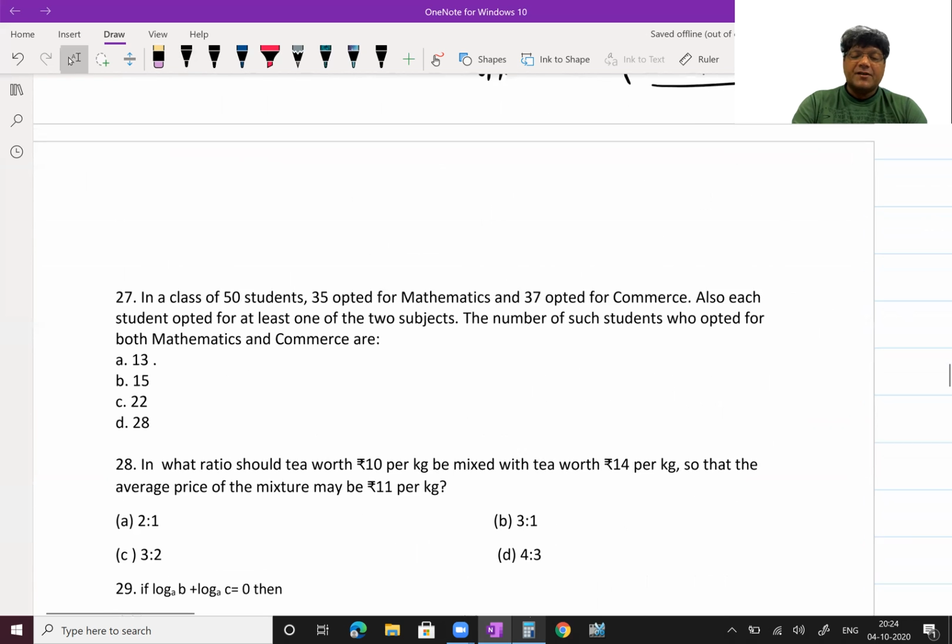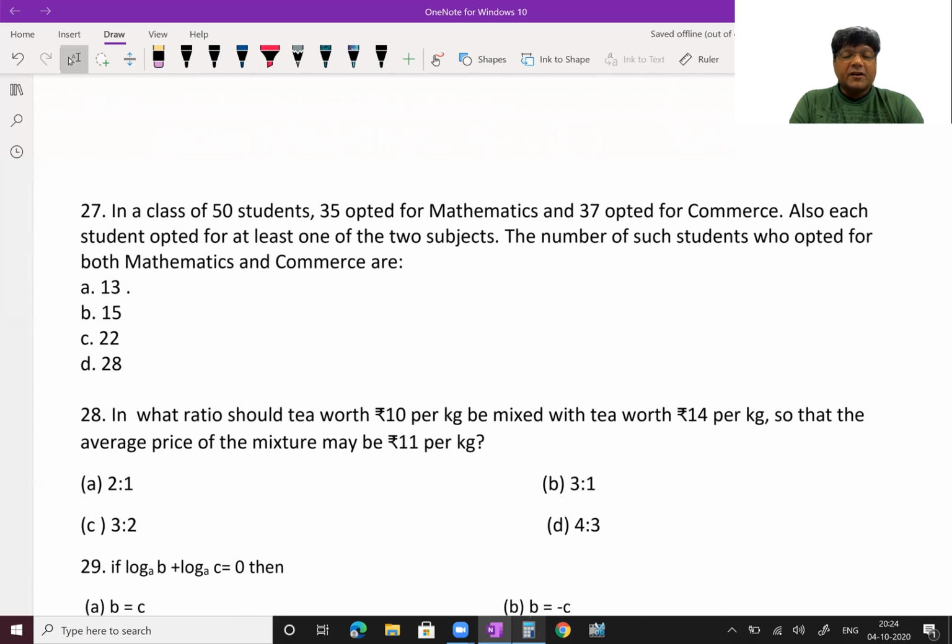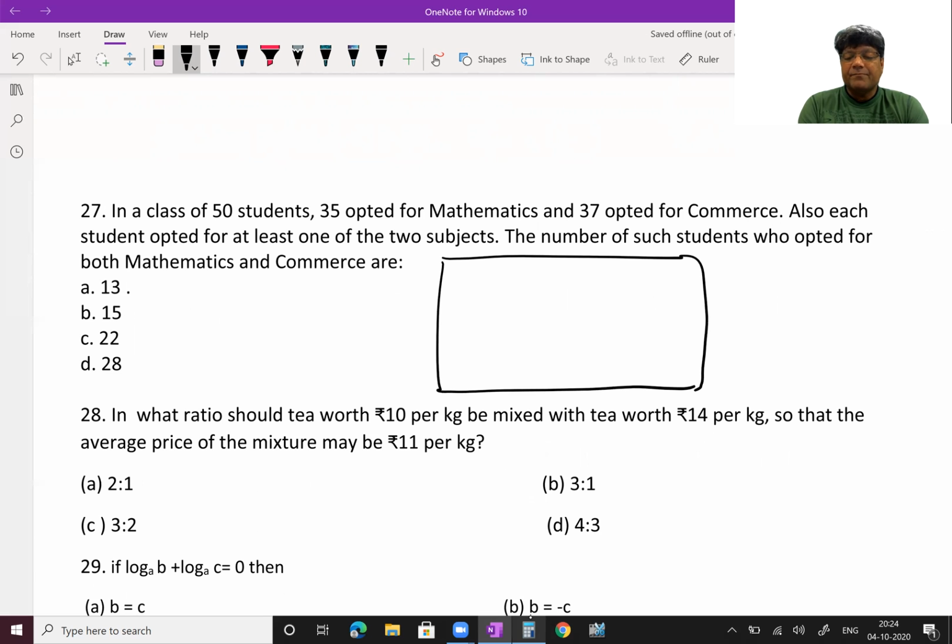Question number 27. In a class of 50 students, 35 opted for maths, 37 opted for commerce. Also, each student opted for at least one of the two subjects. The number of students who opted for both maths and commerce. Venn diagram, guys. Maths, commerce.